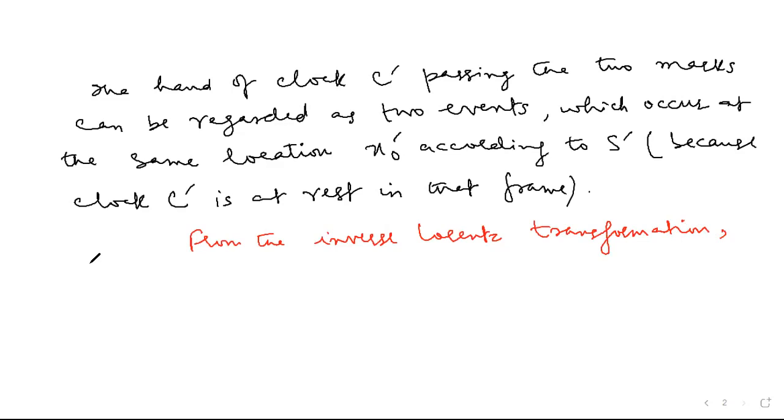We have delta t is equal to gamma times delta t prime plus u delta x prime over c square.